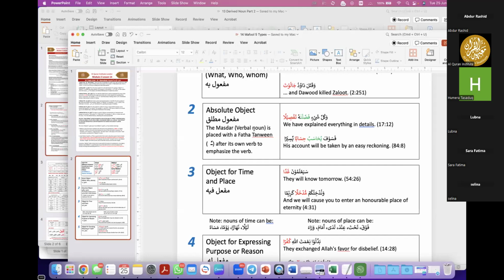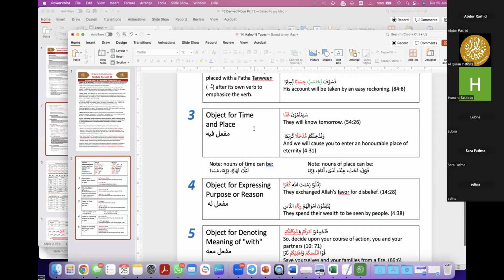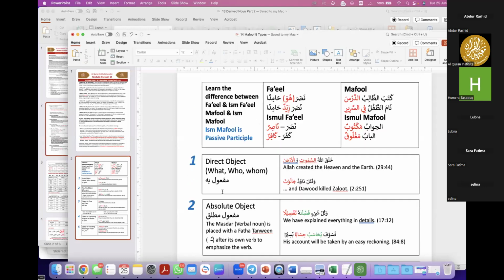Then you've explained there are 2 types of maf'ul: the verb and the doer and the object, and then there's an ismul maf'ul, derived from the verb. How is ismul maf'ul connected to the 5 maf'uls you've explained? Are all these 5 maf'uls, these 1, 2, 3, 4, 5?